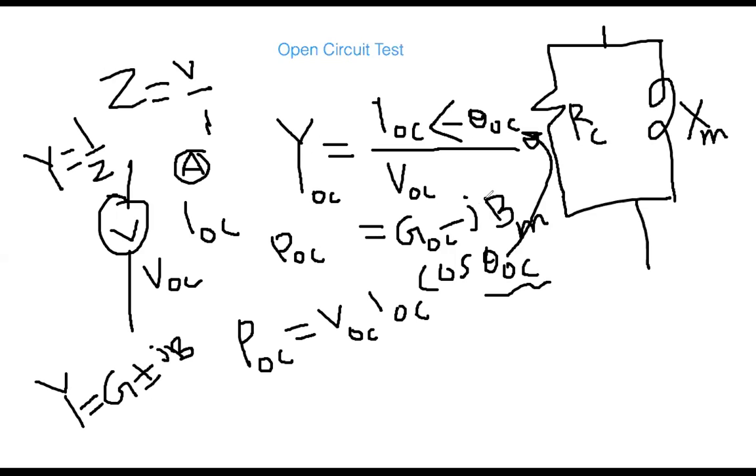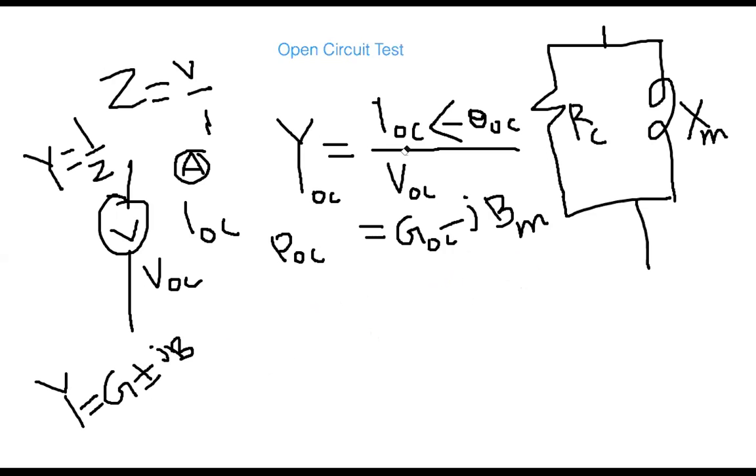That is why I gave that name from here. After converting into rectangular form, the real part is GOC, the conductance, and BM is the susceptance, the imaginary part. I put a minus sign because there is a minus angle; definitely you will get the minus here after converting.